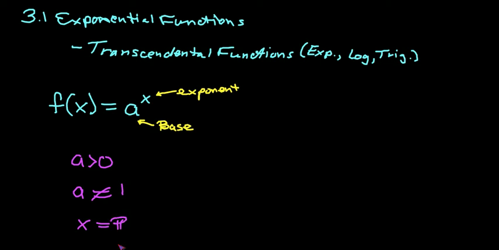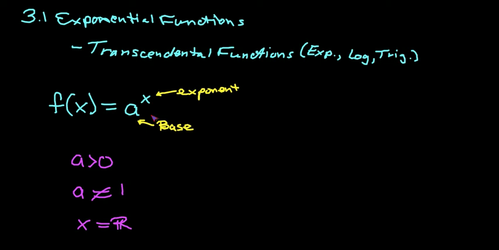The big difference from what we've been doing is that usually we've had the variable in the base and the exponent was a constant. Now our base is going to become a constant and our exponent is going to become our variable as we move into these exponential functions.